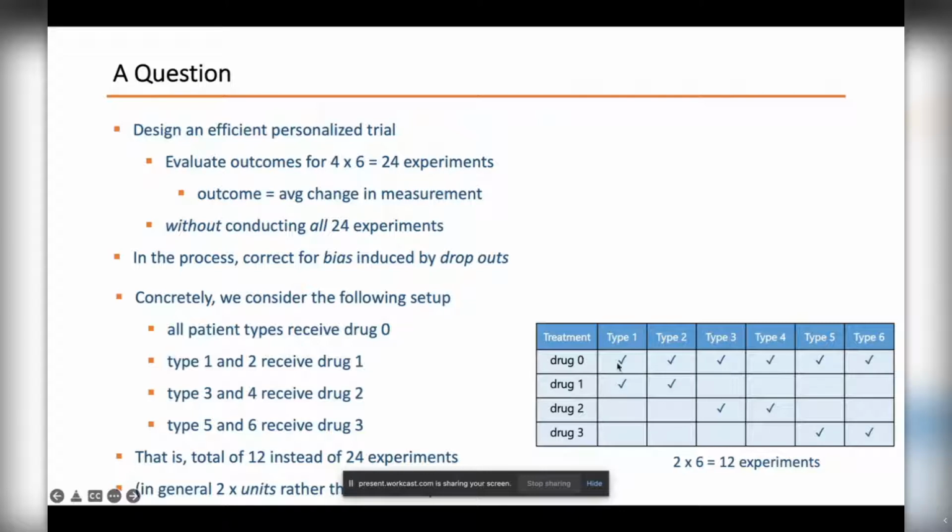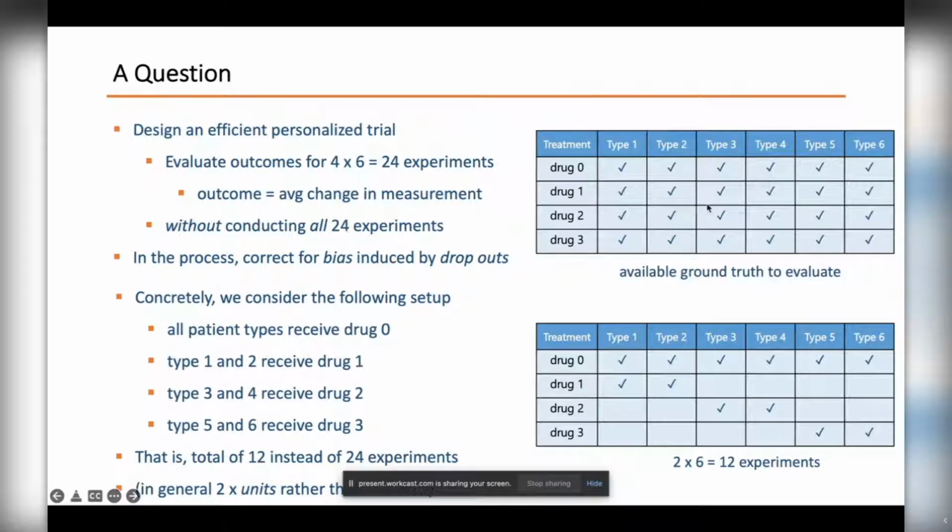For treatment 1, only patient type 1 and 2 patients are enrolled. That means only these 2 experiments are done, and these missing values in the cells are not there. And similarly for the next row and the next row. So these 12 experiments will be done, and we will try to estimate the ground truth that we have.